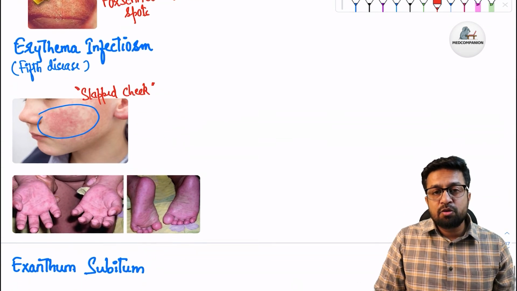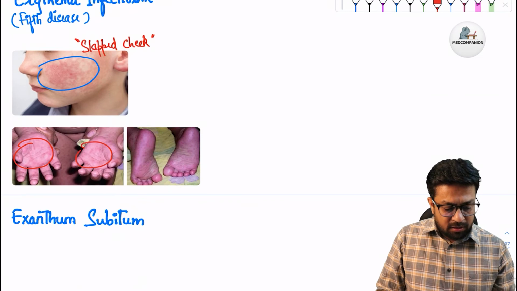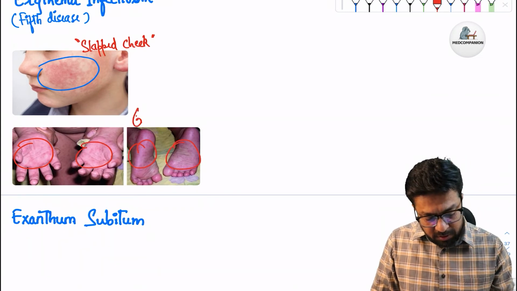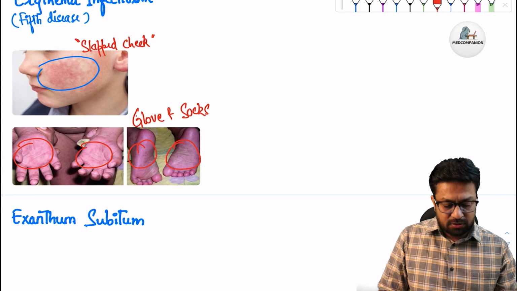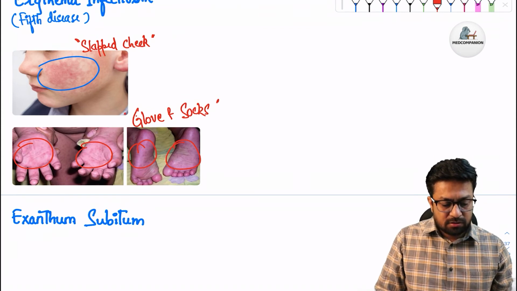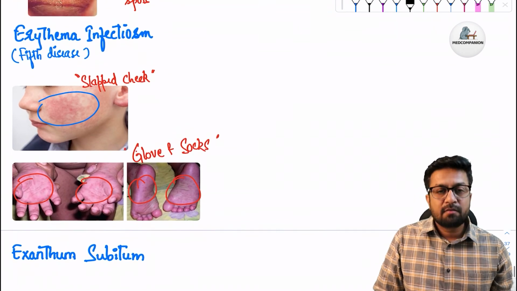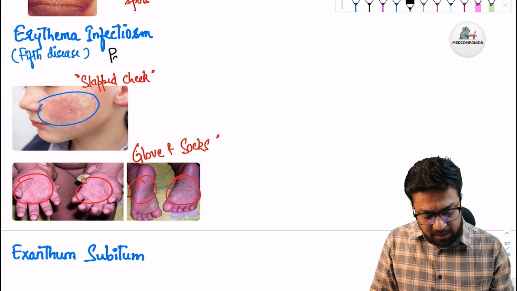Rarely in this disease you also have a rash that is present on the hands and on the feet. This is called as glove and socks appearance. The causative agent of this disease is parvovirus B19.